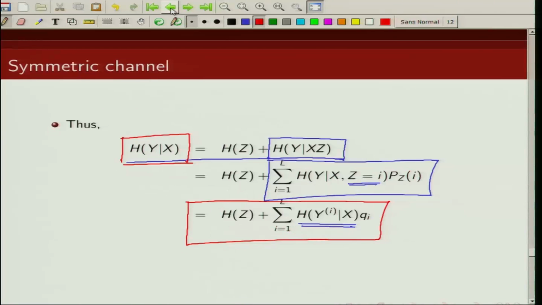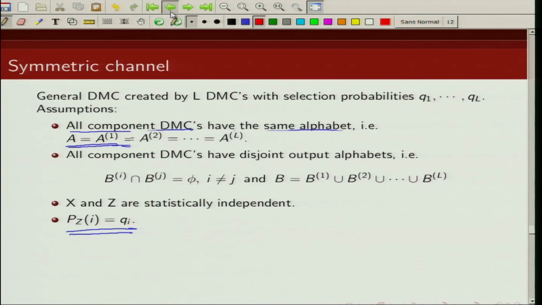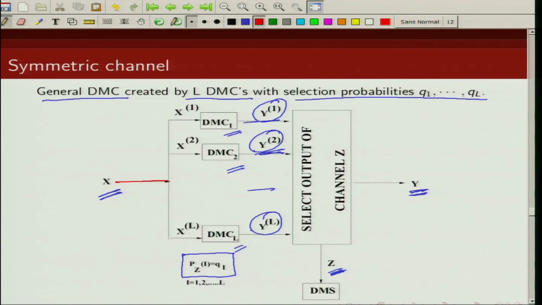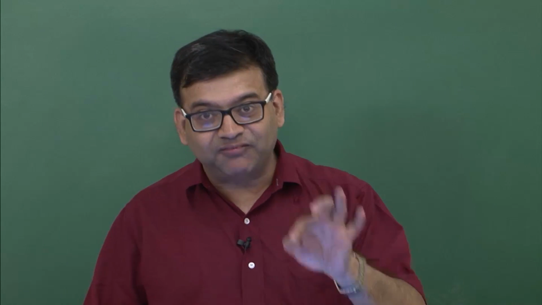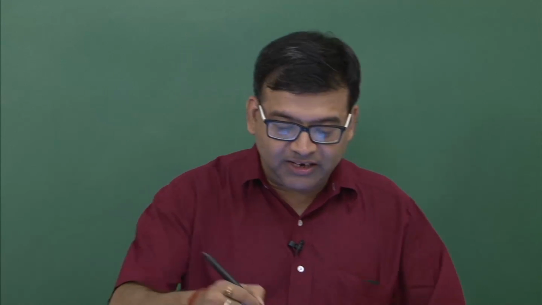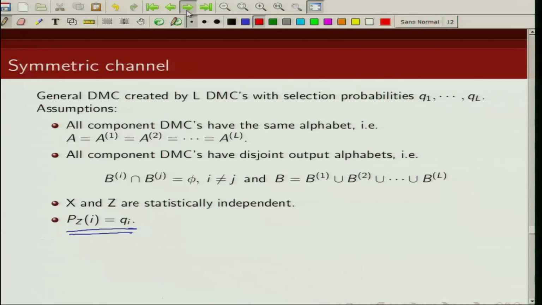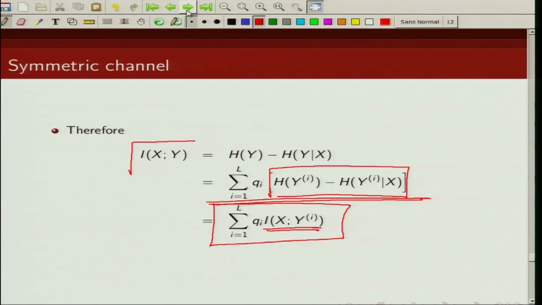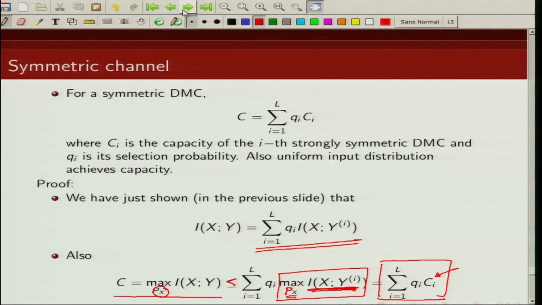And if you go back to the diagram that I showed you, it is the same input X going to all these discrete memoryless channels. Since the uniform distribution will achieve capacity for each of these individual channels and it is the same input, it is the same input that will achieve capacity for this channel. So hence we have proved that the capacity of a strongly symmetric channel is given by this expression.